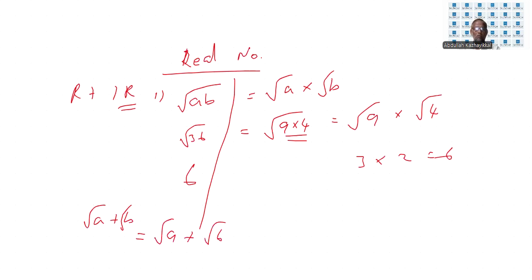No, it is wrong. Root of A plus B is not for multiplication. So avoid the confusion. Root of A into B we can write as root A into root B for multiplication. This is the first identity.